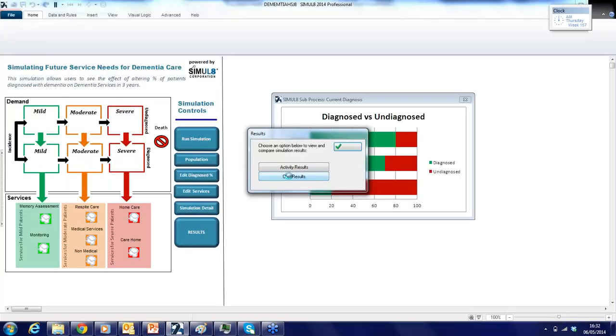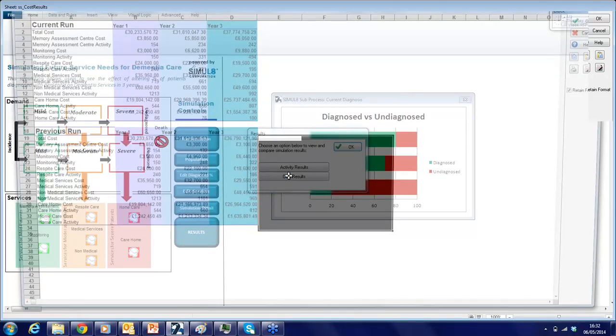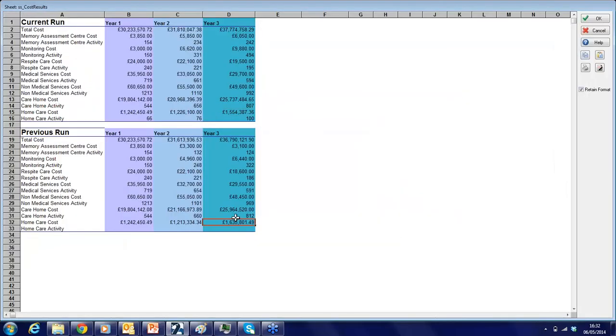And in actual fact, over time, it might cost me slightly less because people don't move into that severe form of dementia. So all the time, what I'm taking into account is the impact at the severe end. So you can see here how the costs differ at that severe dementia stage and how they differ at that early diagnosis stage.